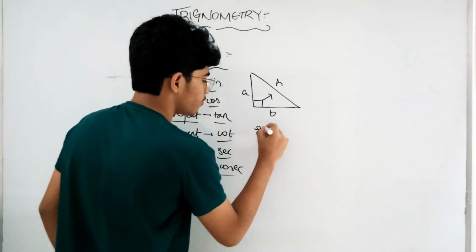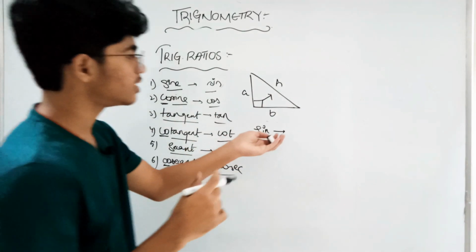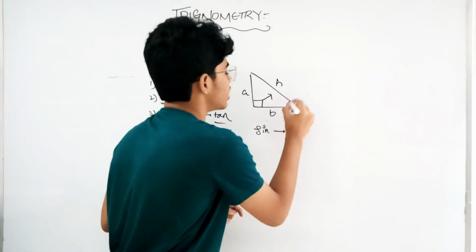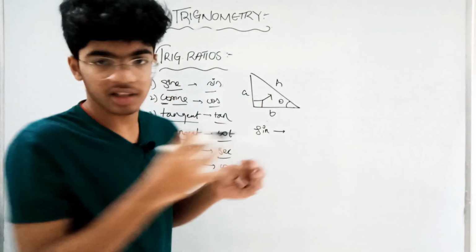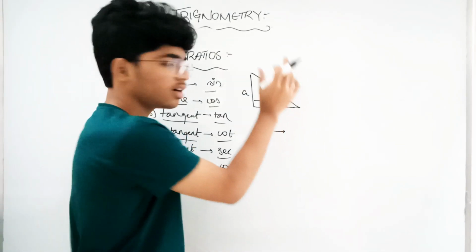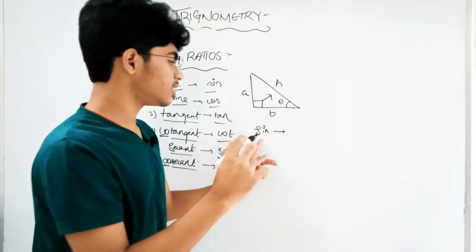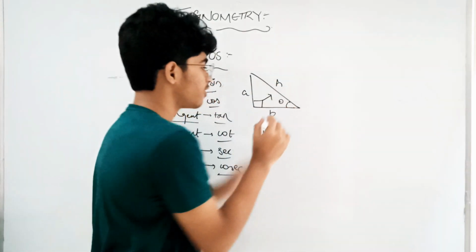Sine first. Wait a second, I forgot one thing. We should take a theta. You can take a theta even here, but since we are learning for the first time, for our convenience and your convenience, we'll take theta down. It'll be easy to understand. So sine is defined as the opposite side of theta divided by the hypotenuse.